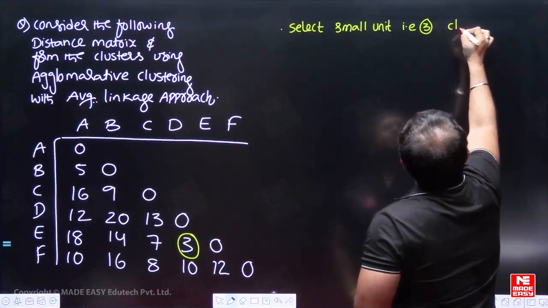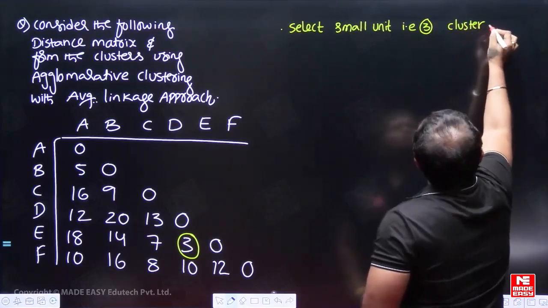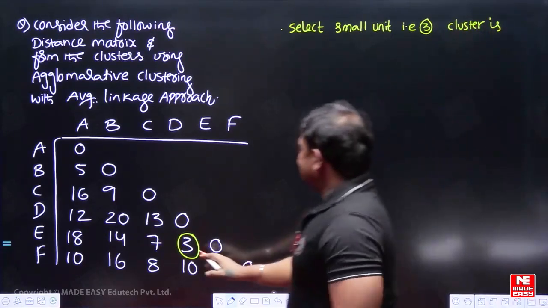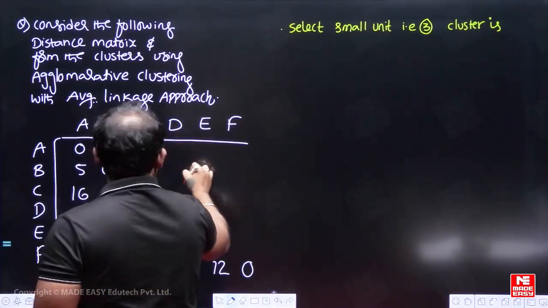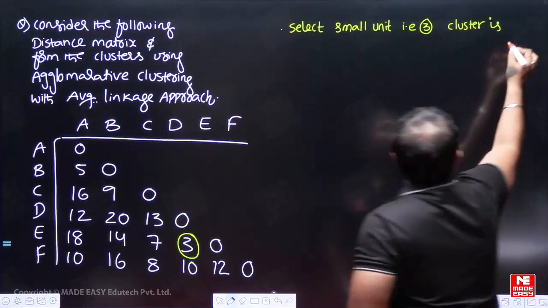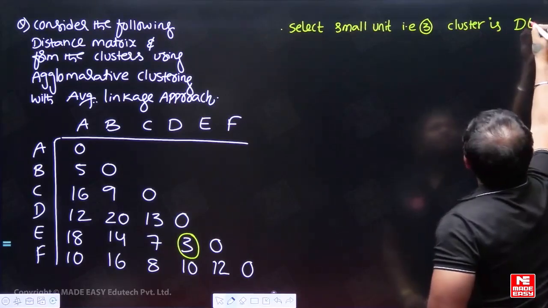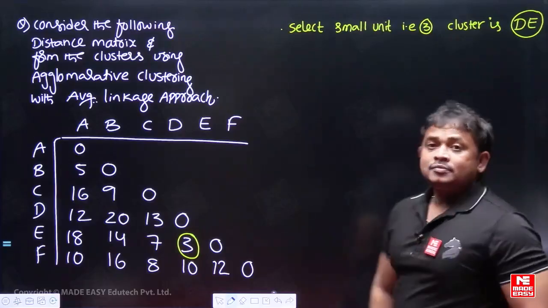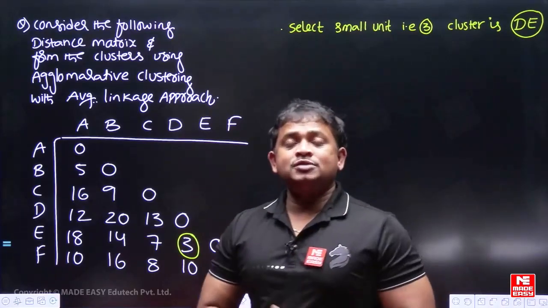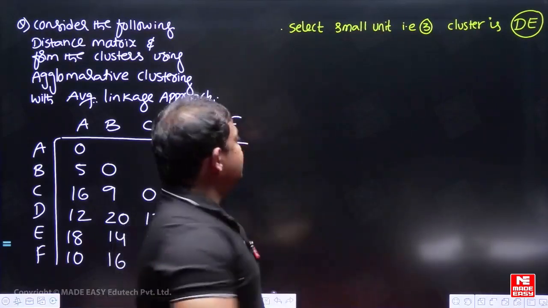Okay, this 3 is the connection between D and E, so the elements D and E are similar to each other. So this is the cluster. You know, shortest distance means more similarity. All right.